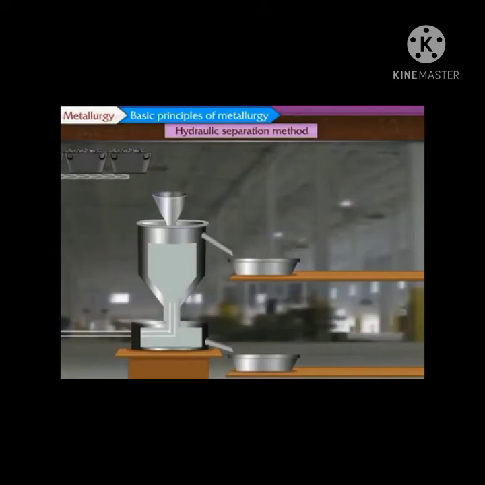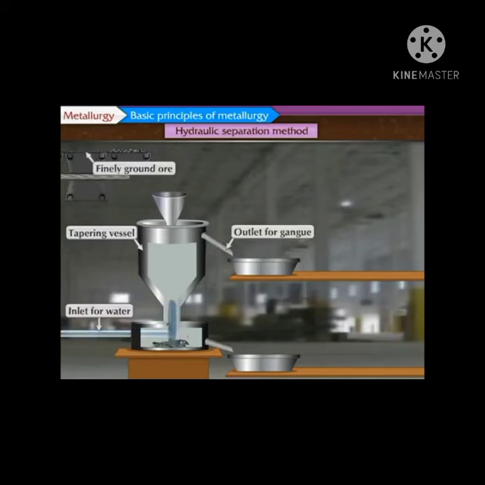This method works on the principle of working of mills. There is a tapering vessel similar to the one used in the grinding mills. This tapering vessel or tank has an inlet of water from the lower side and an outlet of gangue on the upper side. Finely ground ore is released into the tank. A fast stream of water is introduced in the tank from the lower side.